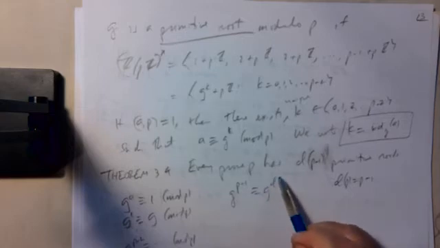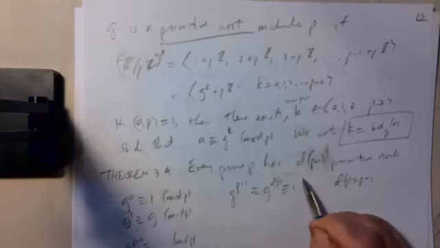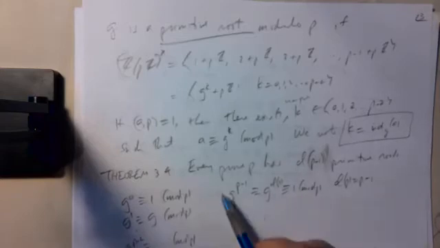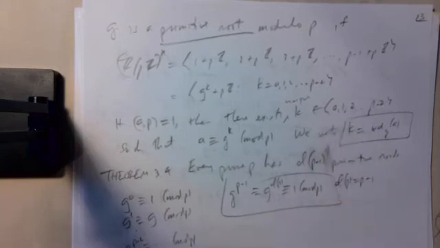So this is g to the phi of p, and by the Euler-Fermat theorem, this is congruent to 1 mod p. So if I keep taking powers of g, I get to the p minus second power. When I take g to the p minus first power, that brings me back to 1.